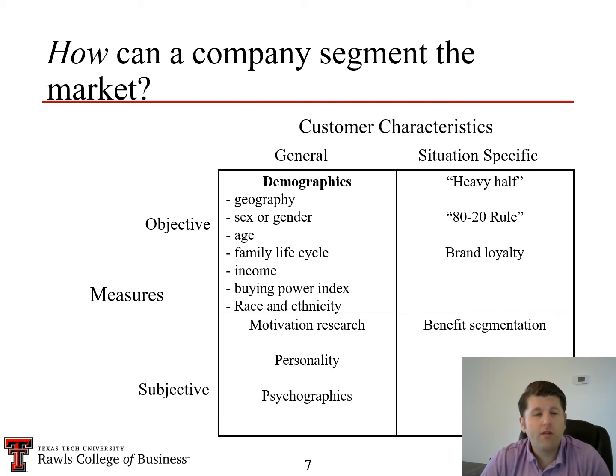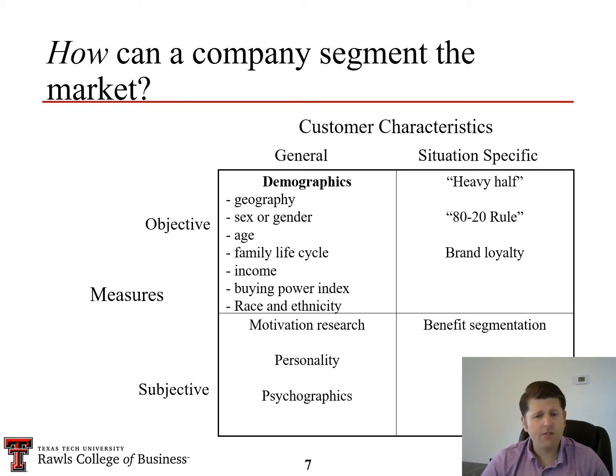So whenever we're talking about objective and general customer characteristics, we can think of geography as a way that we could segment the market, sex or gender, and age. So we talked about how they segment the cereal market based off of age. We could talk about the family life cycle, so what stage they're at, whether you're a young adult, you don't have kids, based off of your income.